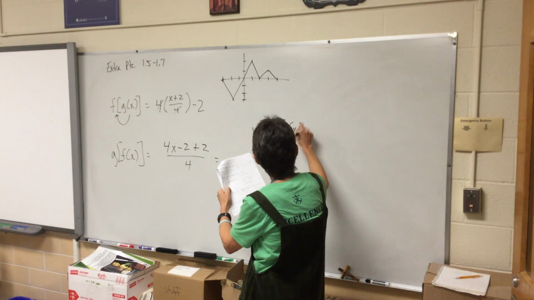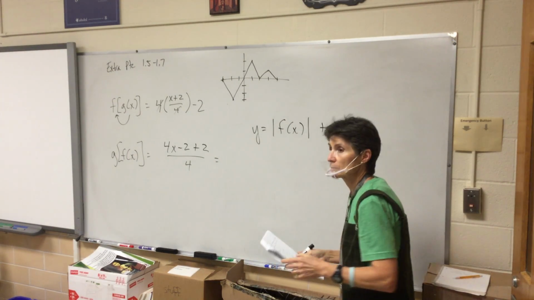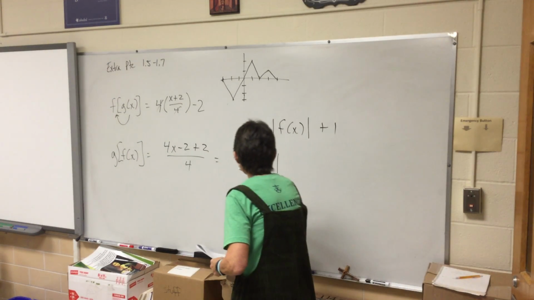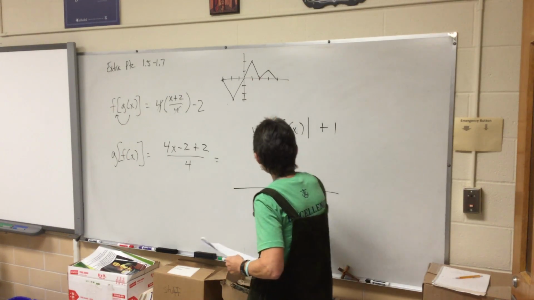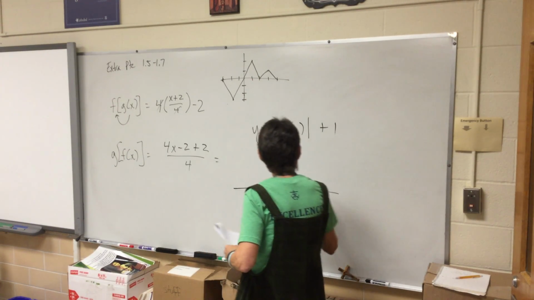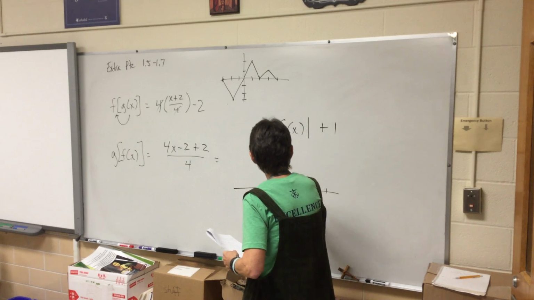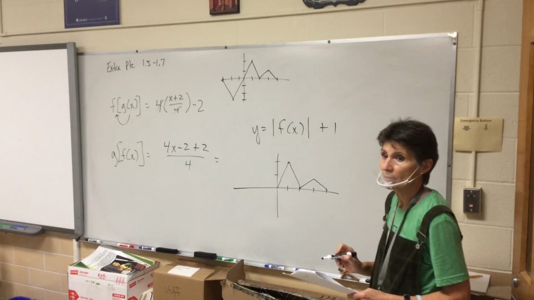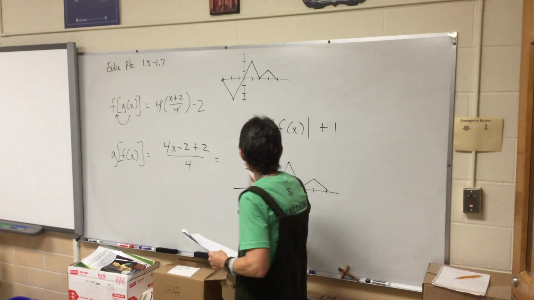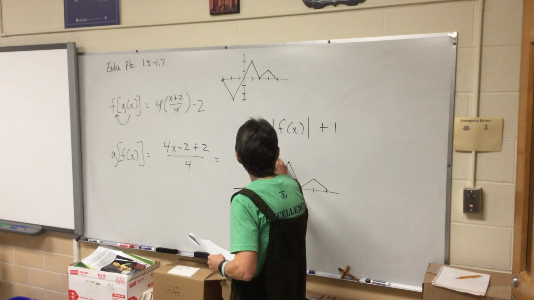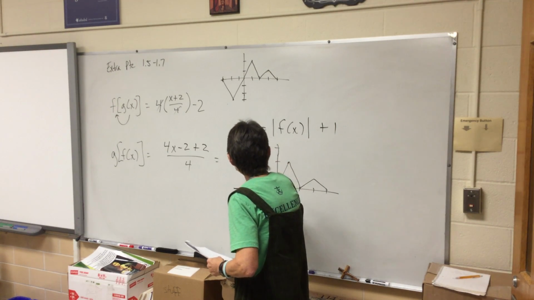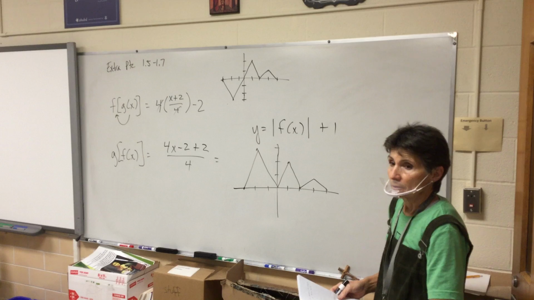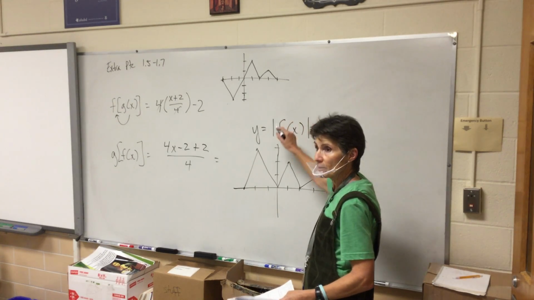What happens here? Well, bottoms up, the negative part becomes positive. So in terms of this picture, all that stays the same. Those little triangles there, they stay exactly the same. Nothing changes because they are both positive to start with. But this guy is going to have to go up. So that's this part. Is everybody okay with that?